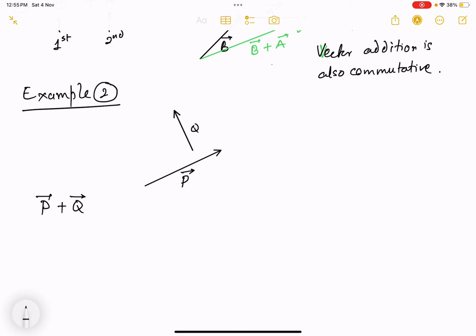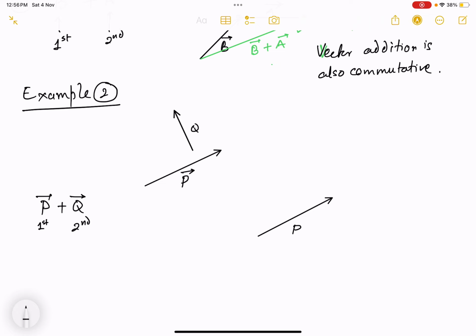The rule says first move the, now which is the first vector, which is the second vector? P is the first, q is the second. So what do you do? You first move the p vector. So p vector को I can redraw such that its length is the same and its direction is the same.